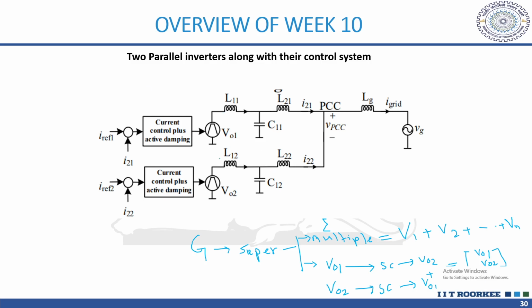So here you can see V01, V02, and I21, I22 forming this I grid.